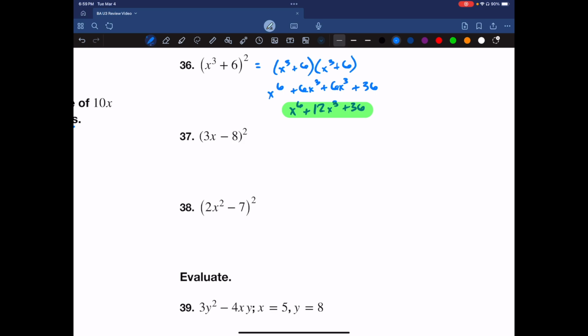Okay, so 3x minus 8, 3x minus 8. Same process, just do it one step at a time. So it's going to be 9x squared minus 48x plus 64.